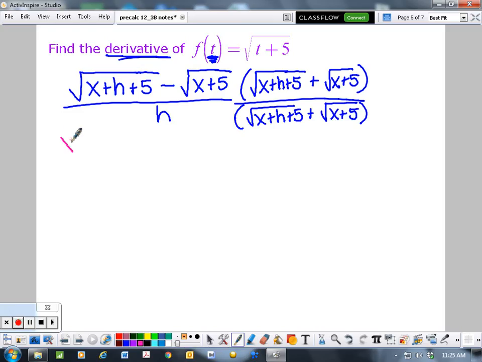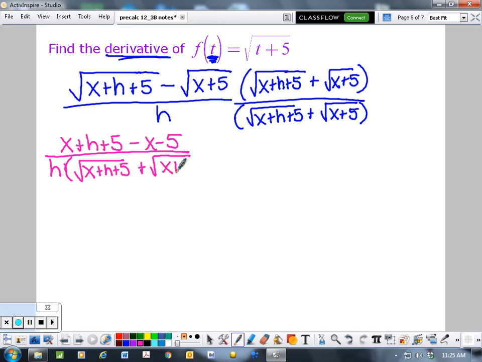So on the top here, x plus h plus 5 minus x minus 5, all over h times the square root of x plus h plus 5 plus the square root of x plus 5. So again, looking for canceling, boom, boom, boom, and then we get canceling here. So now I'm just left with a 1 on top.